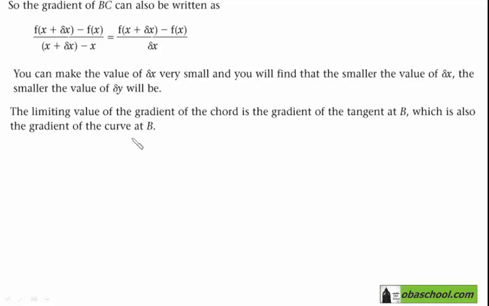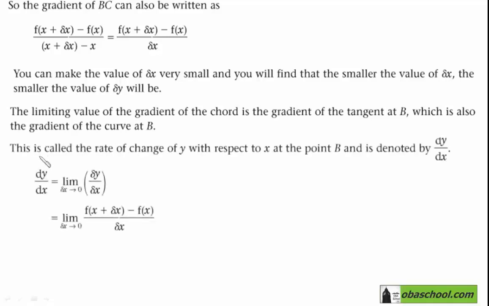We remember the limit as h tends to 0 is now going to be replaced by delta x tends to 0. This is called the rate of change of y with respect to x at the point B and is denoted by dy divided by dx. Then dy by dx is going to be equal to the limit as delta x tends to 0 of delta y divided by delta x.